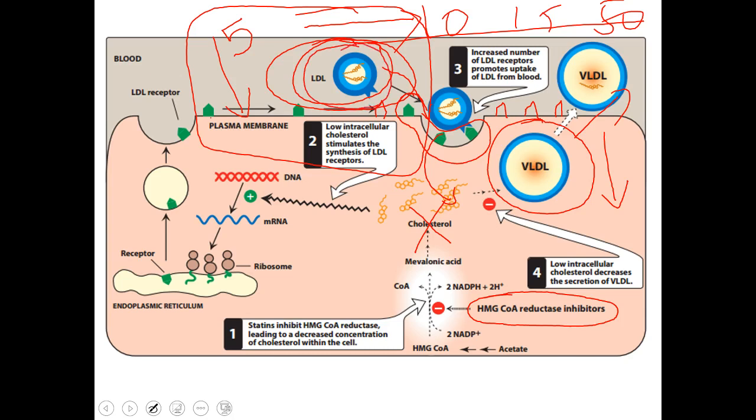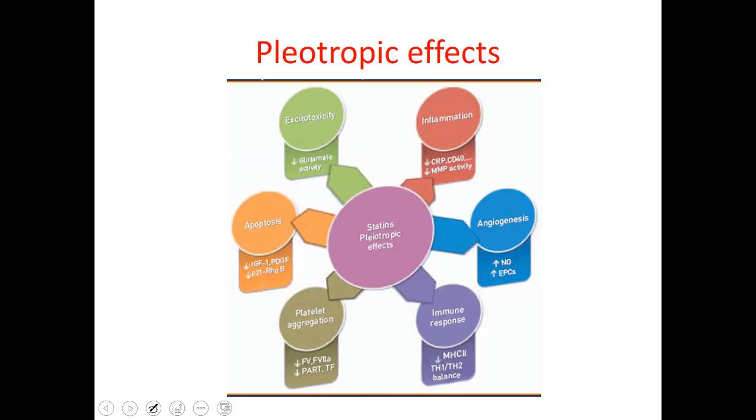So, the liver increases the expression of LDL receptors. So, LDL is degraded, and that cholesterol is used for supporting the essential functions like bile acid synthesis and certain hormones. Got it?